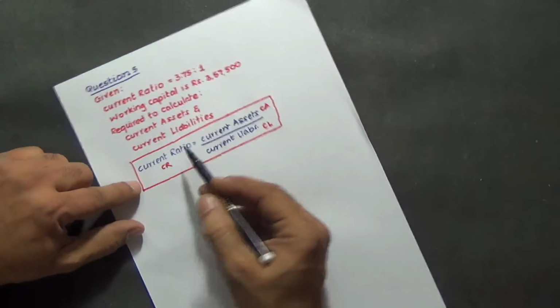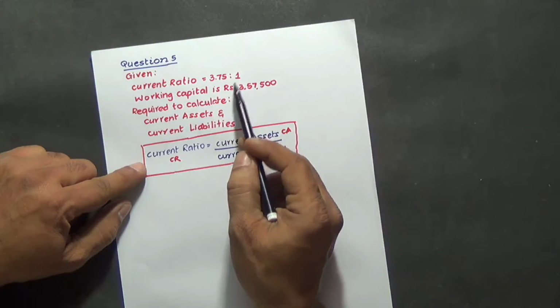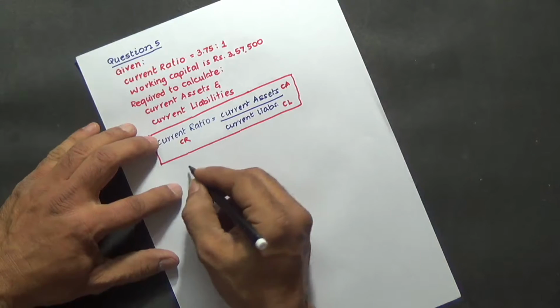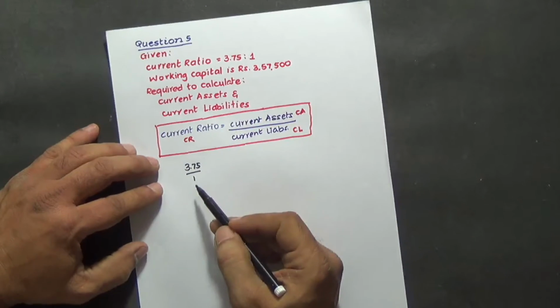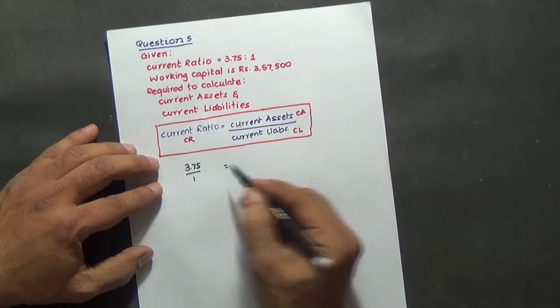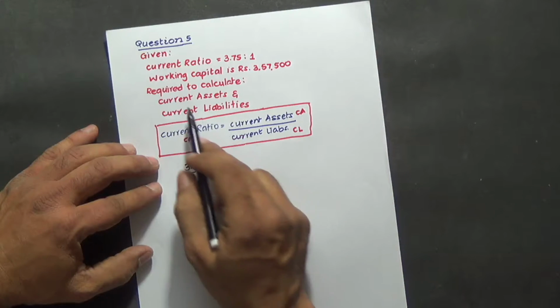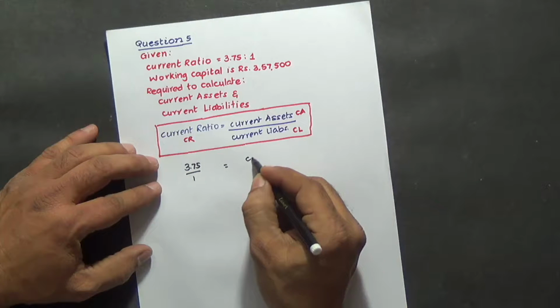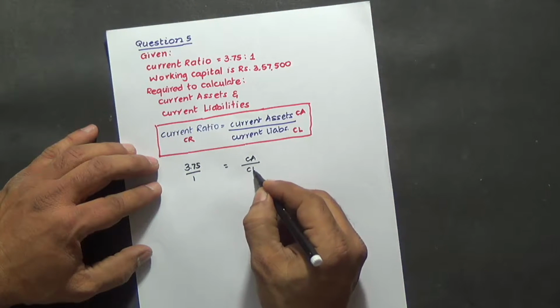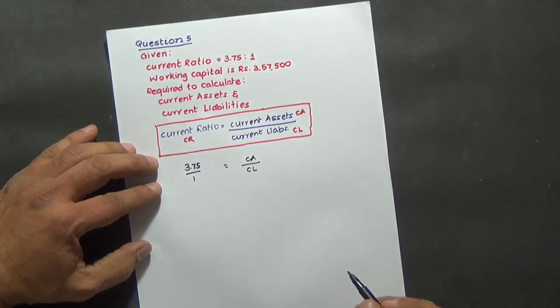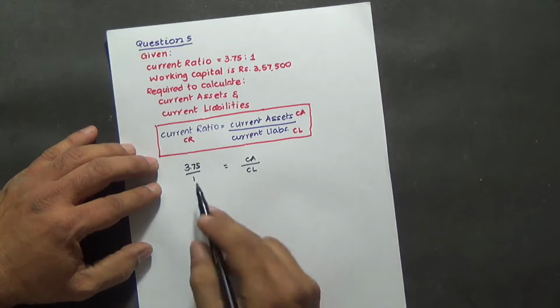Now, current ratio given in the problem is 3.75 is to 1, so I can write this as 3.75 divided by 1, is equal to current assets divided by current liabilities. We don't know what current assets and current liabilities are, and we are required to find them.